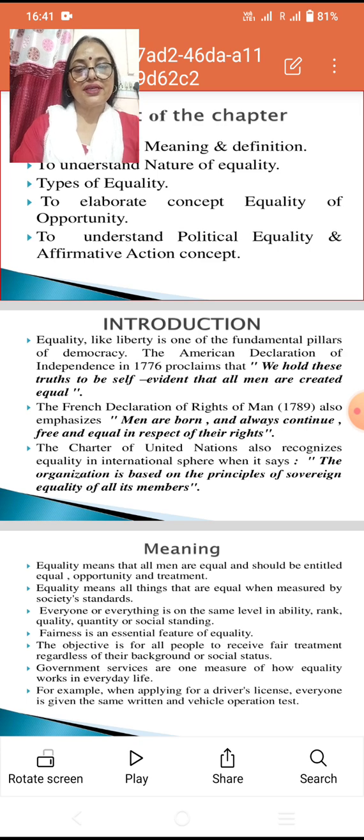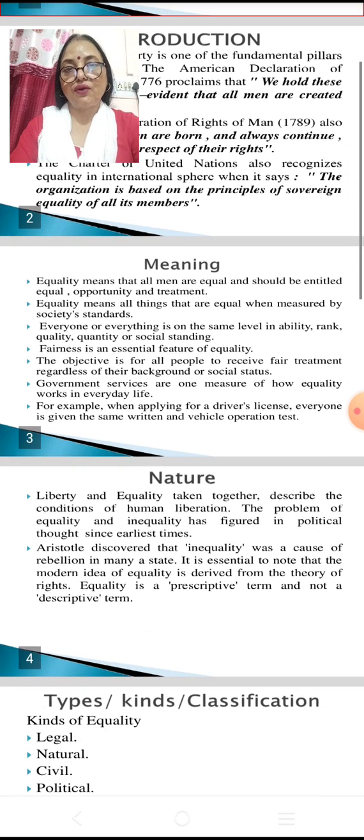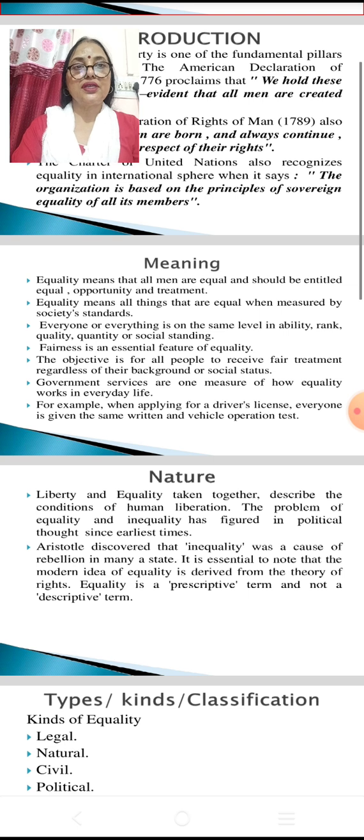Now we will understand the meaning. What is the meaning of it? Equality means that all men are equal and should be entitled to equal opportunity and treatment. Everyone or everything is on the same level in ability, rank, quality, quantity, or social standing. No discrimination will be done.